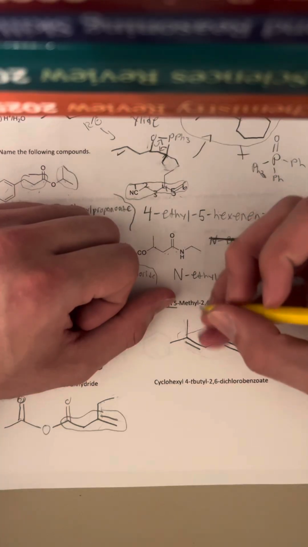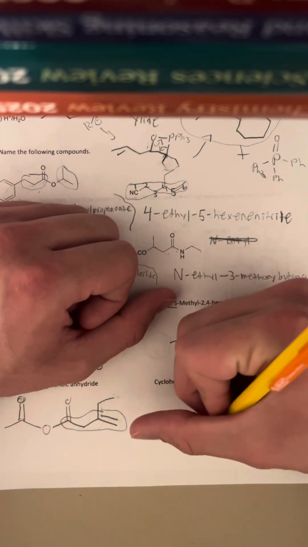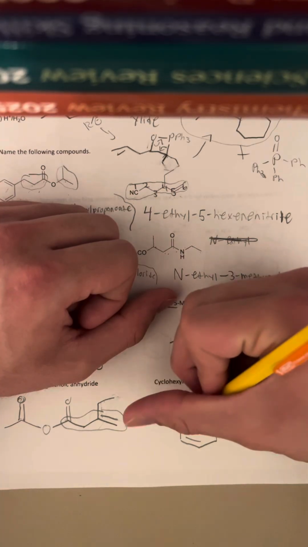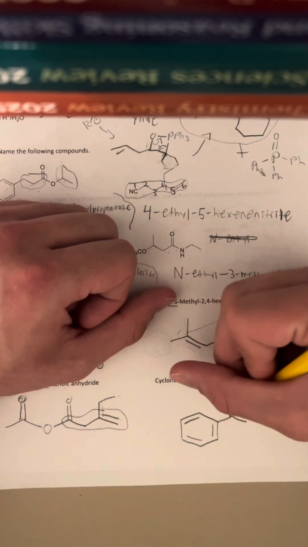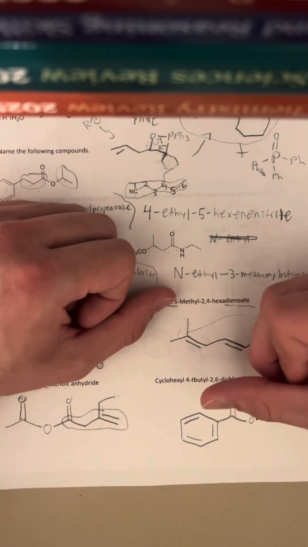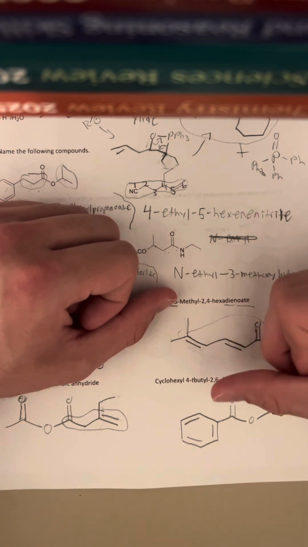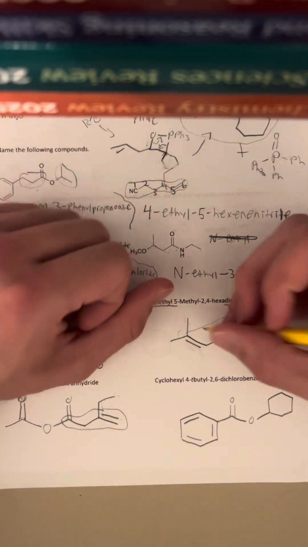So cyclohexyl 4-t-butyl-2,6-dichlorobenzoate. Let's draw it. We have a benzoate. Let's draw that first. We have a cyclohexyl. There are no substituents on the cyclohexyl.